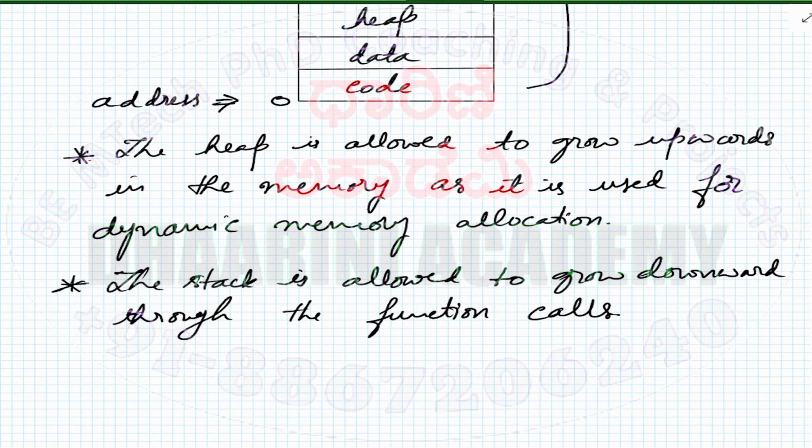But that blank space will require actual physical pages only if the heap or stack grows. In the sense, if you exceed this space, you need the physical pages to be present. Otherwise you can store here. Let's write that here.